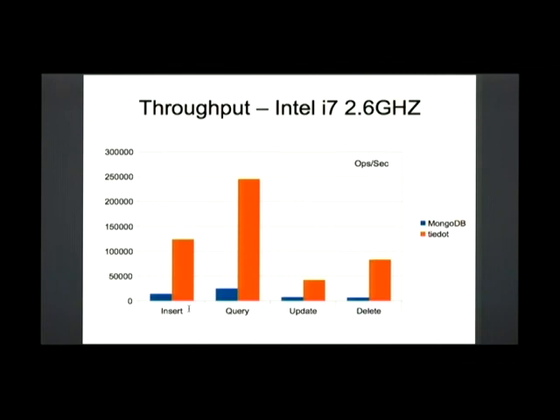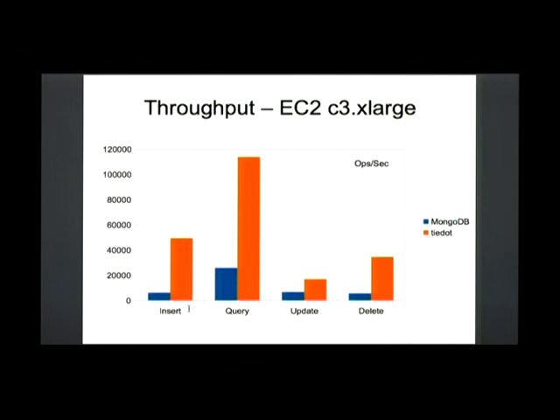Also, because it supports parallel I/O operations on different partitions in a collection, that makes it reasonably fast. We performed similar tests on an EC2 instance, and we still see tied-out wins pretty much.